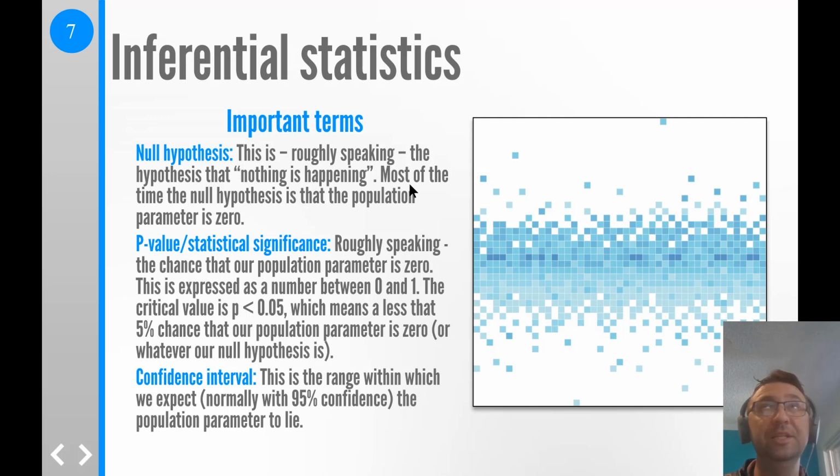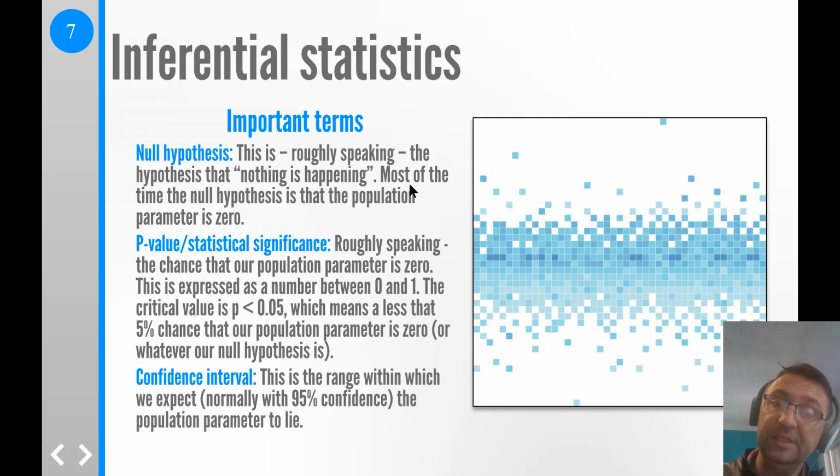In relation to most statistical tests or most population parameters that you may be estimating, because you'll be estimating things like the difference of two means: is there a difference in means between men and women in the number of working hours they do? Now, the null hypothesis is almost always that the population parameter is 0. And if you can disprove this hypothesis or show that it's very unlikely, then the effect will be that you have shown that there is something happening.